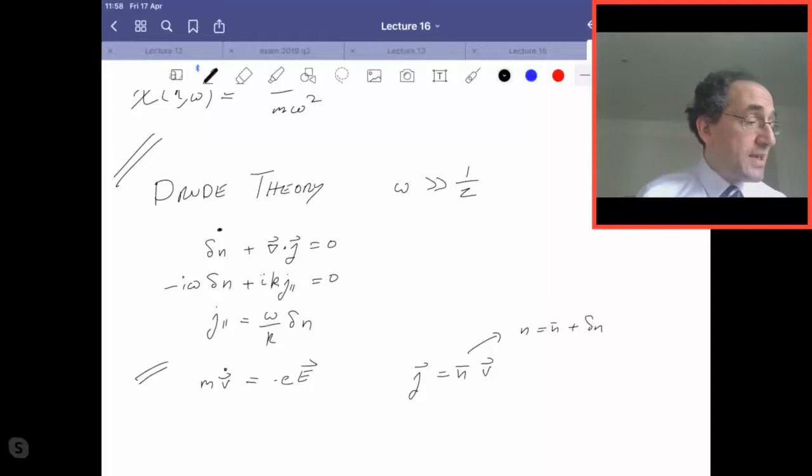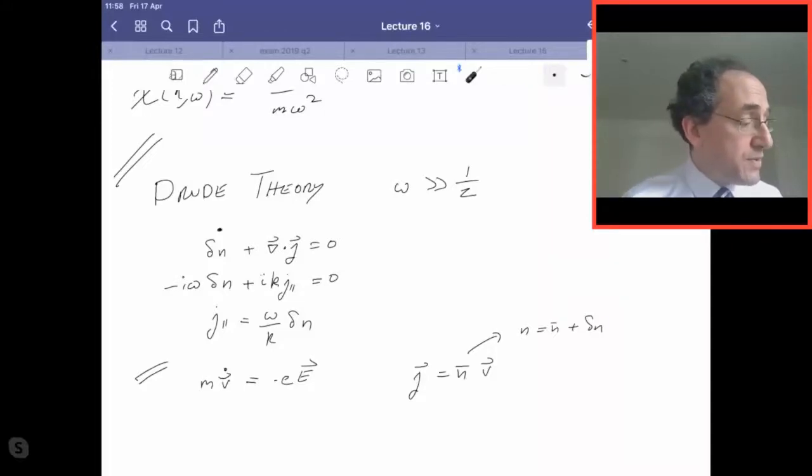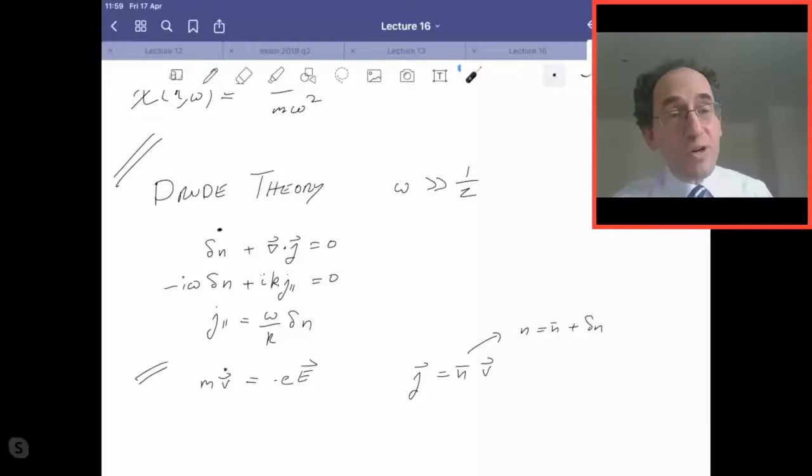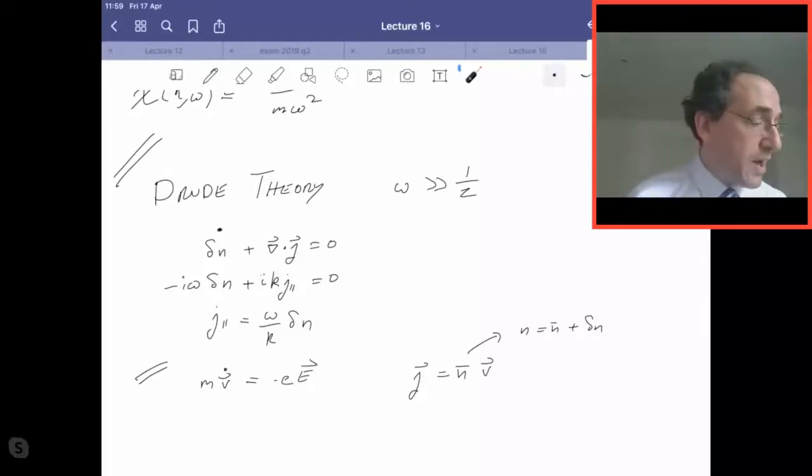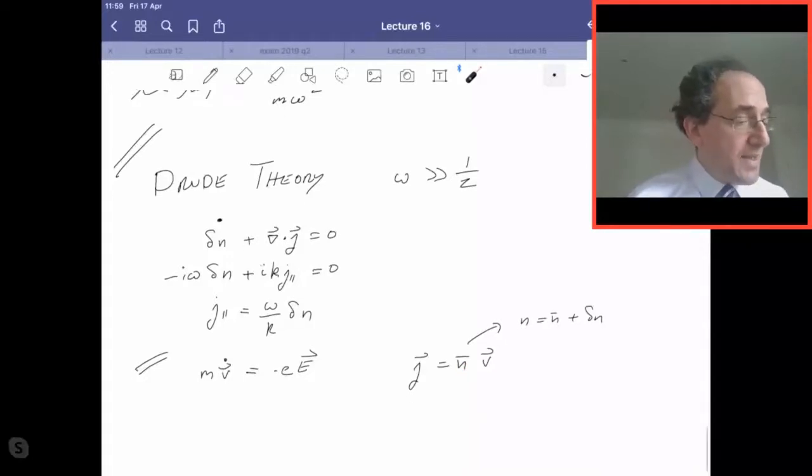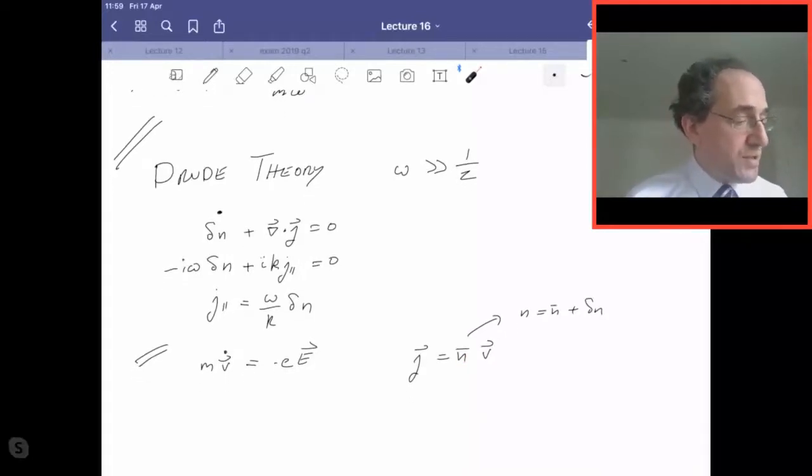And the answer is I don't need to do that, or I shouldn't do that, because v is already first order in small, right? And delta n is first order in small. If I try to expand this to n bar, the average density, plus first order in small, I'd be keeping track of terms which are second order in small, and I only need to keep track of things that are first order in small. So average density times velocity is good enough.